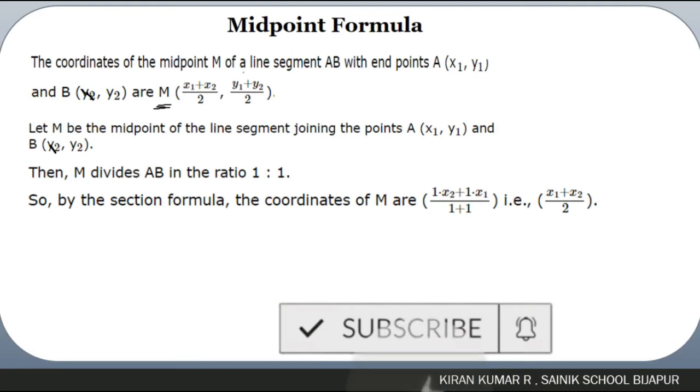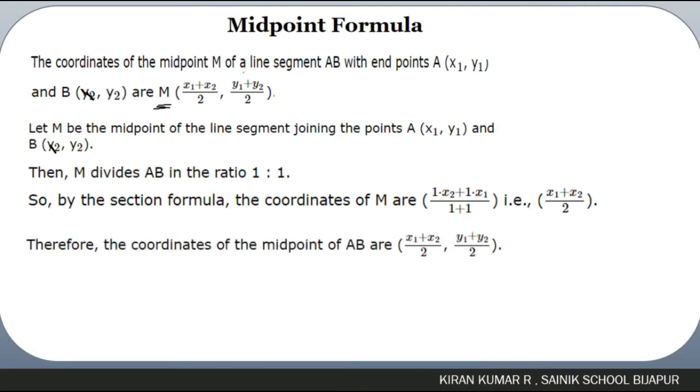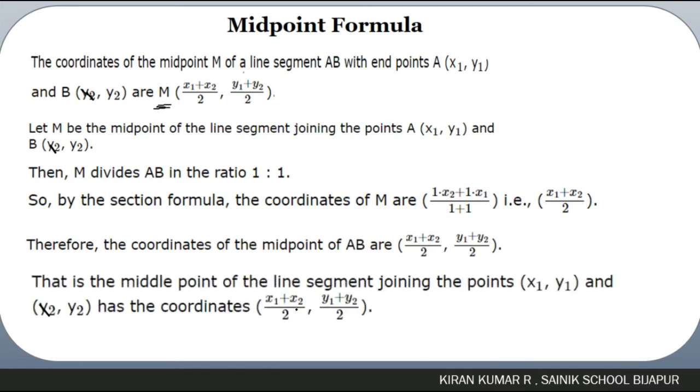So I get the x coordinate and y coordinate as (x1 plus x2) by 2, (y1 plus y2) by 2. This formula is called the midpoint formula. Let us solve a few questions related to the midpoint formula.